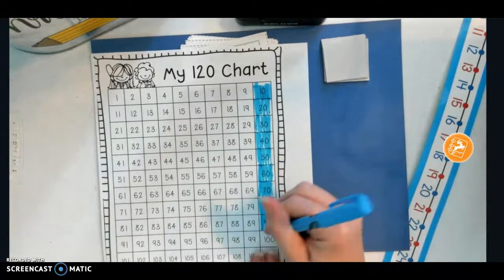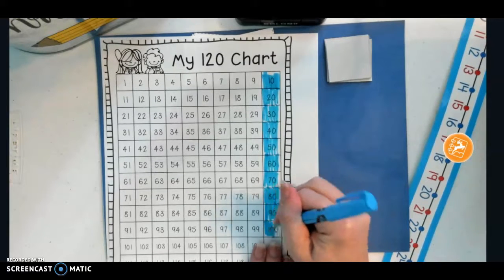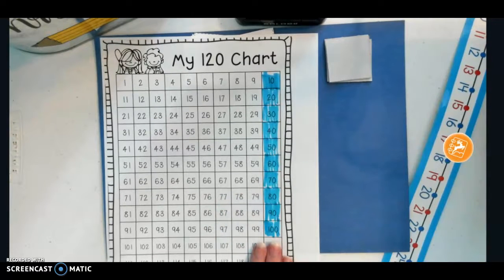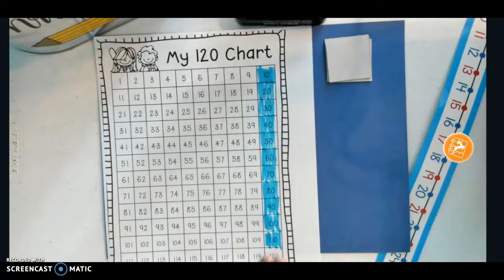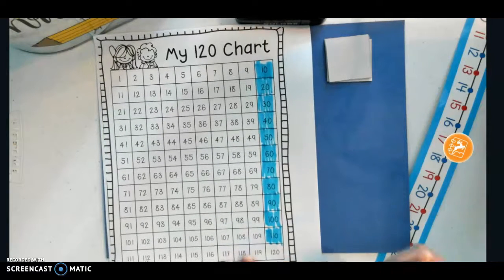I'm going to cover up this one right here because we're going to be really focusing this week on what comes after 100. So I want you to think for a second. What's our next multiple of 10? 110. And then 120.